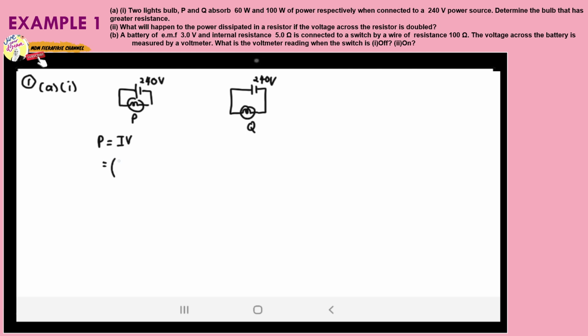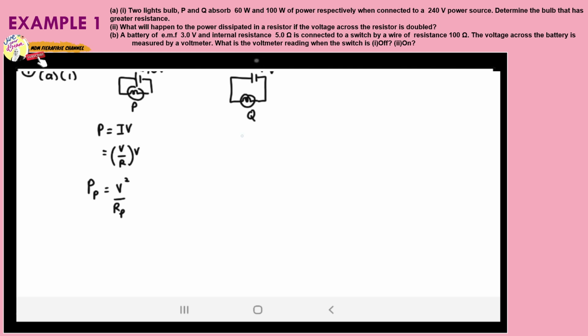So we have another equation: the power dissipated in bulb P is equal to V squared over RP, where RP is the resistance in bulb P. And for Q, we write PQ is equal to V squared over RQ.